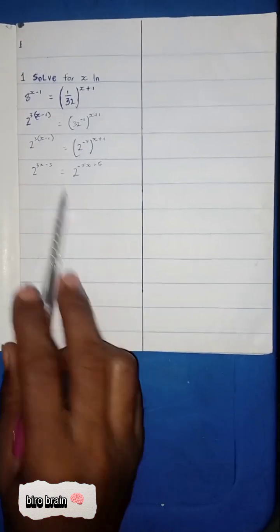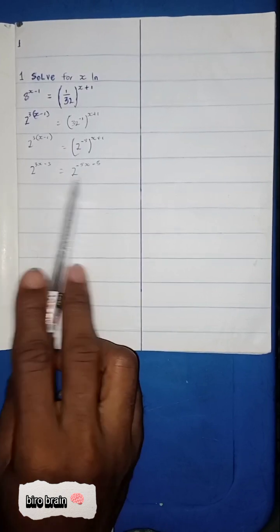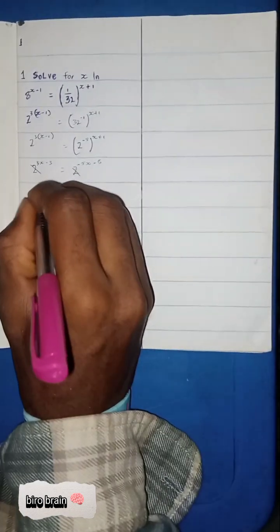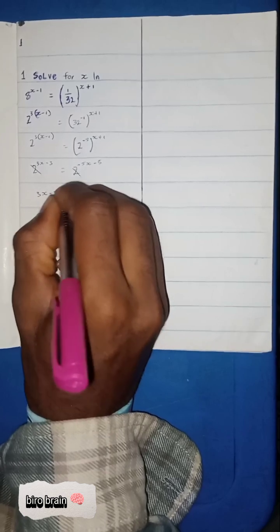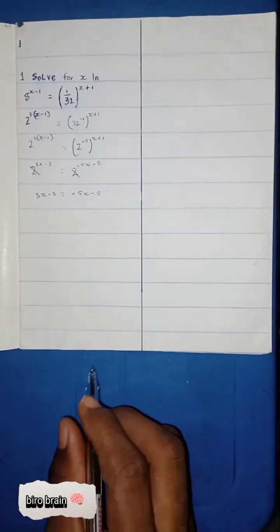Okay, so what do we do in this case? We can cancel out. So these twos can cancel out. So we have 2 cancel 2, I'm left with 3x minus 3 is equals to minus 5x minus 5. Now what do we do in this case? Now we'll collect like terms.